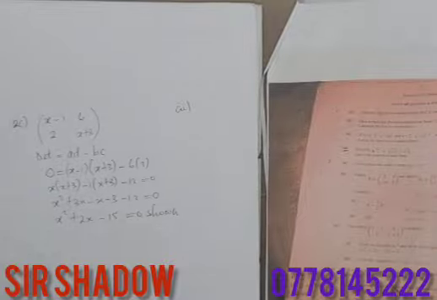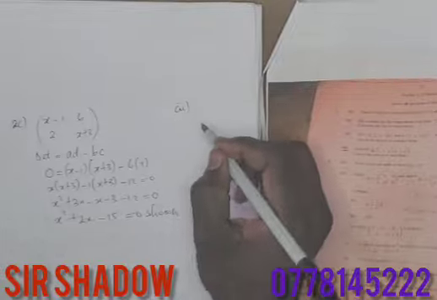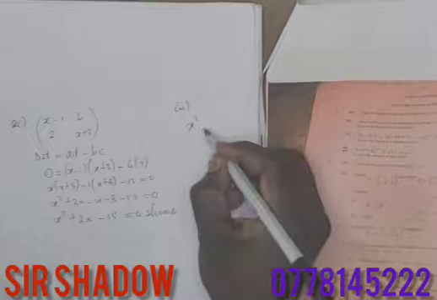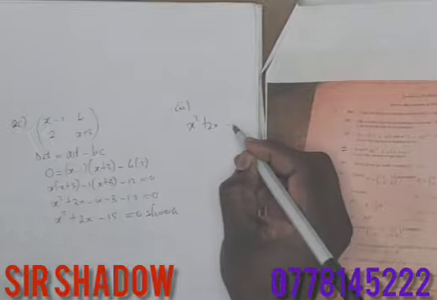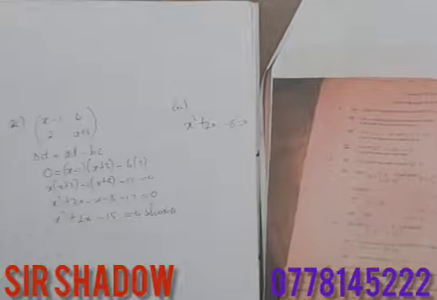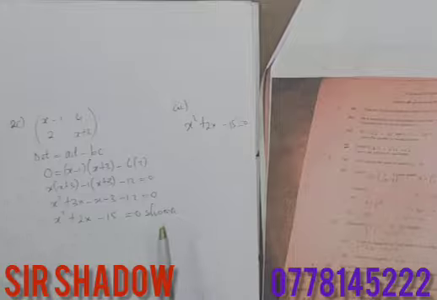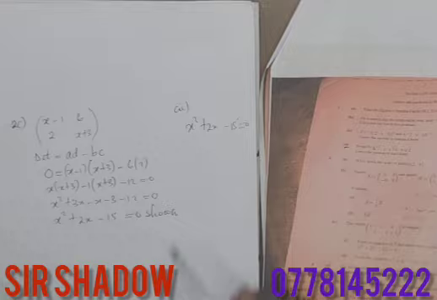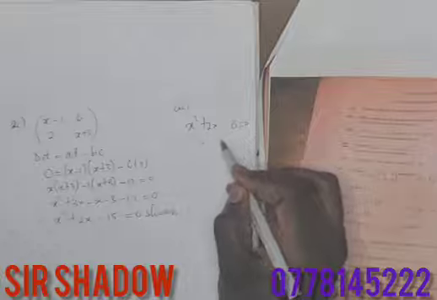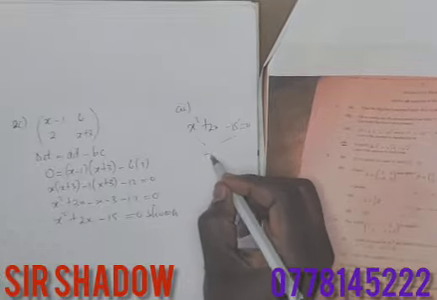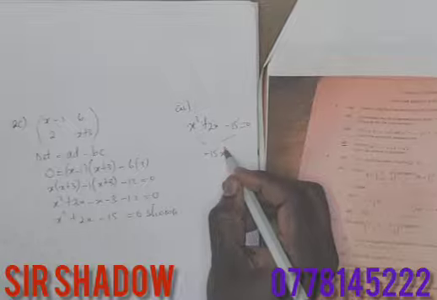Moving on to the last part, you're asked to solve the equation x squared plus 2x minus 15 is equal to 0. Since the coefficient of x squared is 1, our factors are our solutions. We find the product of the factors: x squared times minus 15 gives minus 15x squared.